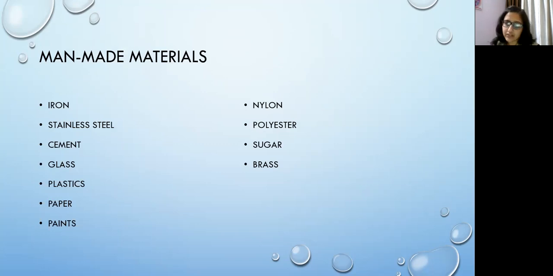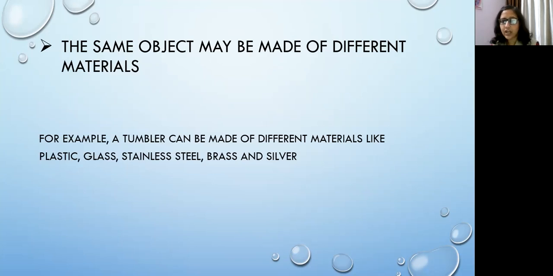So these nylon, polyester are types of fabrics होती है ना, अलग अलग तरह के कपड़े होते हैं. ठीक है, चलो. So this was about the types of materials. Now we will discuss a few points that in our everyday life we use many objects made of natural and man-made materials.